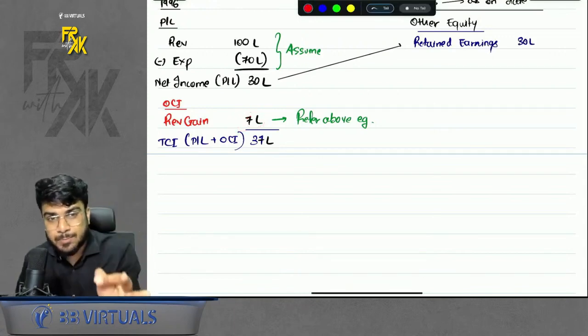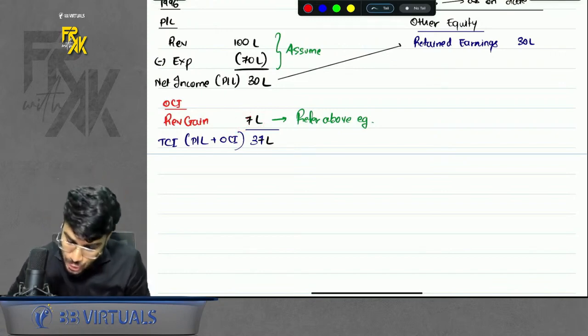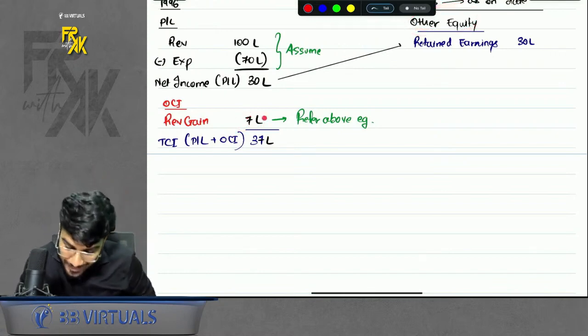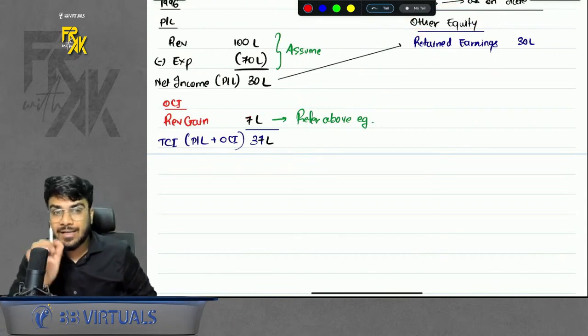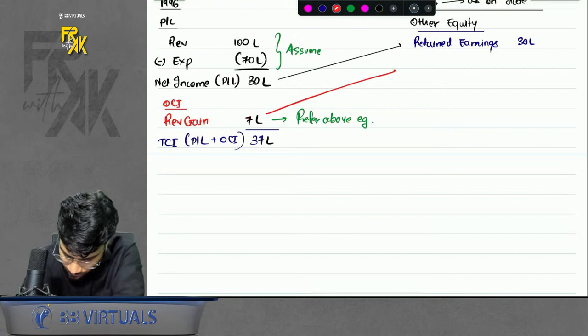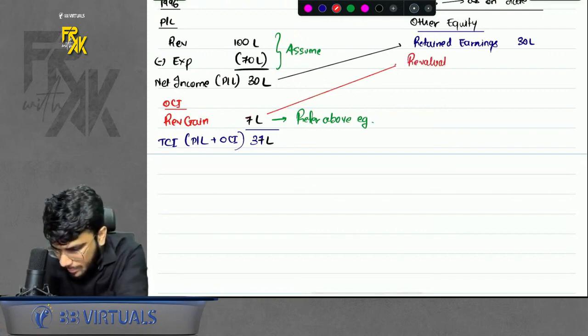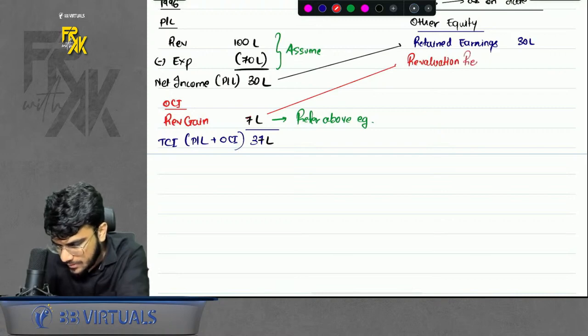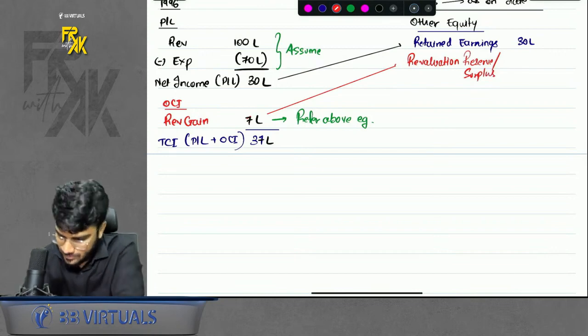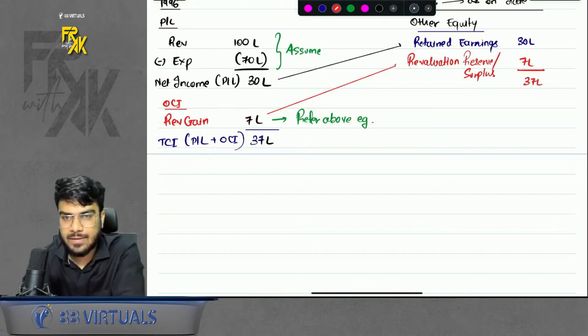Because we know that this profit is not available for withdrawal, this is an unrealized profit. So in other equity also, while we accumulate this, we will create a separate head for this. That separate head will be known as revaluation reserve or revaluation surplus. You can call it by either of the names. 7 lakhs. Total becomes of course 37 lakhs.